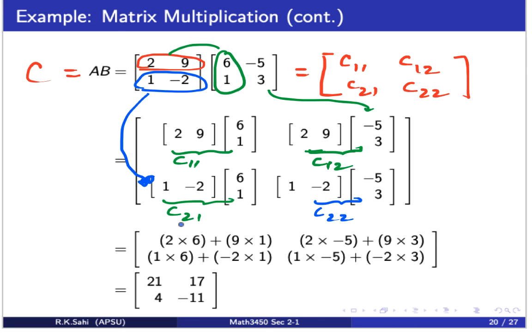Then for C21, you multiply 1 with 6, minus 2, that 6 minus 2 is a 4. And then C22 is 1 with negative 5 and minus 2 with 3. So minus 5, minus 6, minus 11. Okay, so I have shown you how to basically play around with this matrix multiplication.